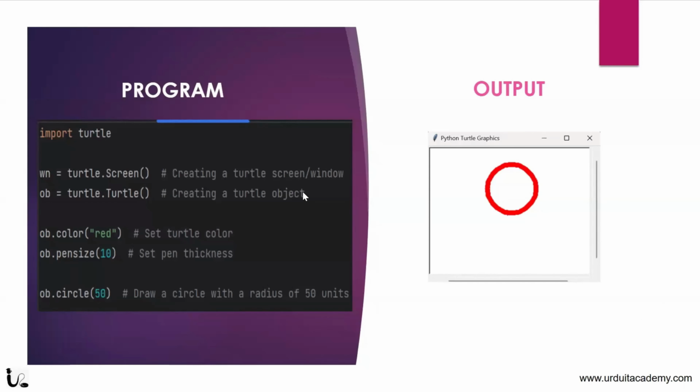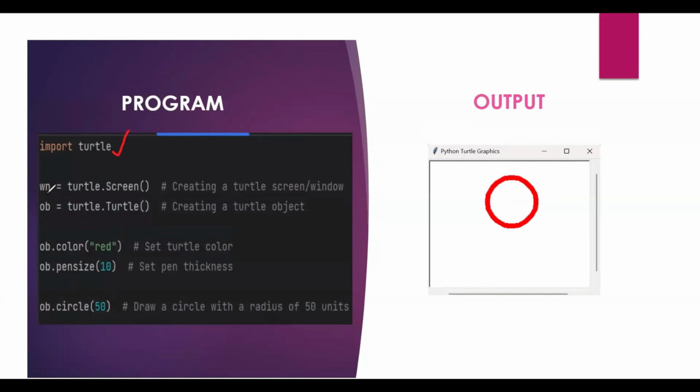Now, let's get started. How to code, maybe we can draw a simple circle using the turtle. So here you can see import turtle. As I told you, first we have to import the turtle module. Then wn equal to turtle.Screen.